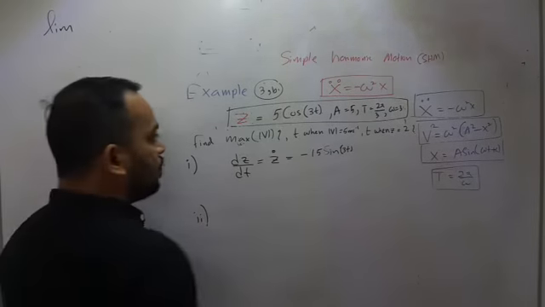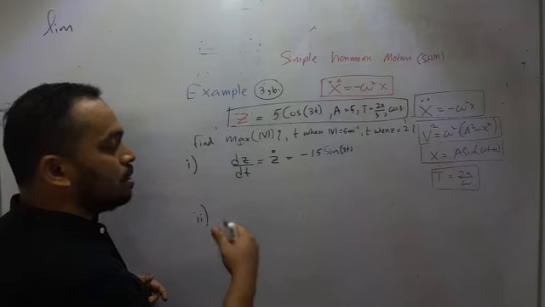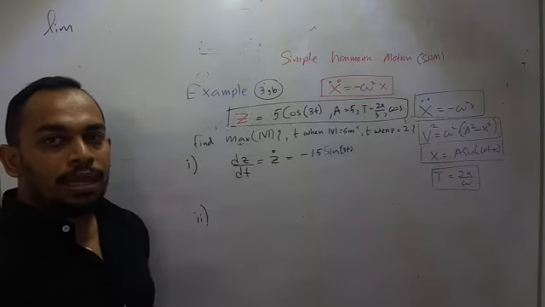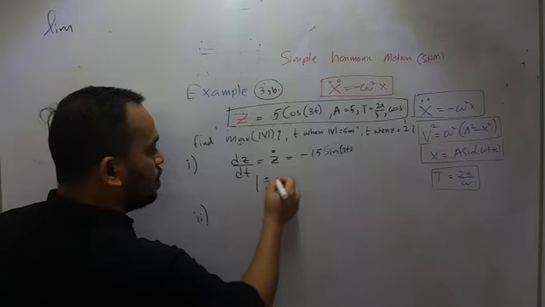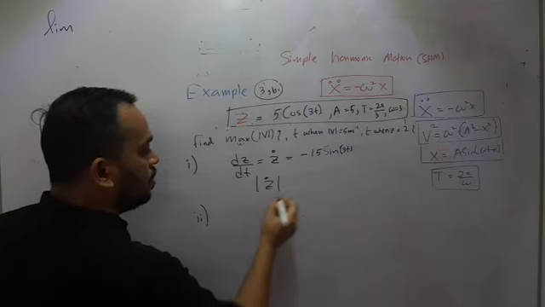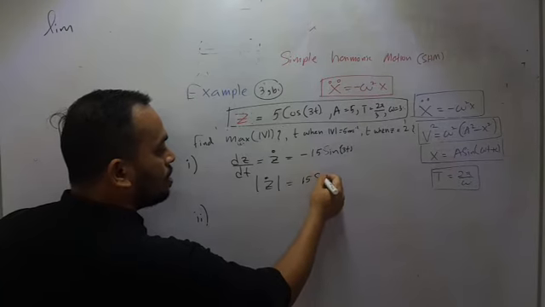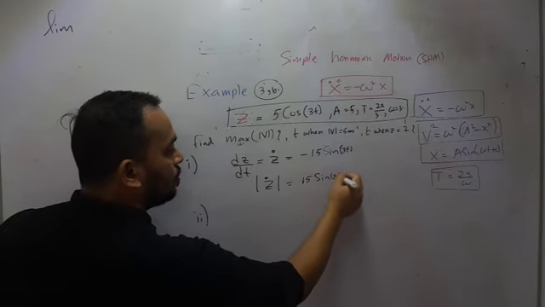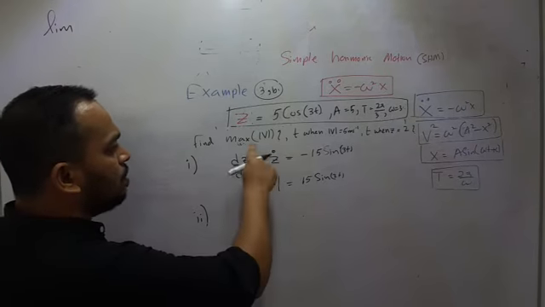Now we are looking at the speed, so we have to take the absolute value of this function. So the absolute value of z dot would be 15 sine 3t. What is the maximum value?